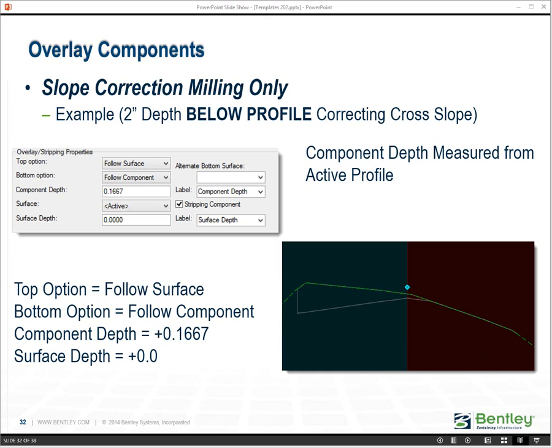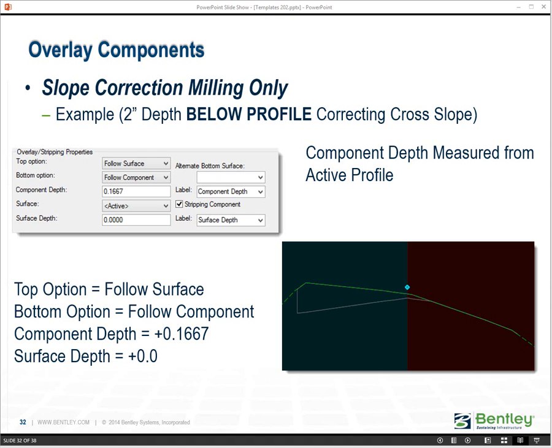The next thing we want to do is take this concept of tracing the surface on the top through, but on the bottom we want to tell it to follow the component and then assign a component depth. And the result is going to look like what you see here in the screen capture, where the milling will actually do crown correction when the component depth falls below the active surface.